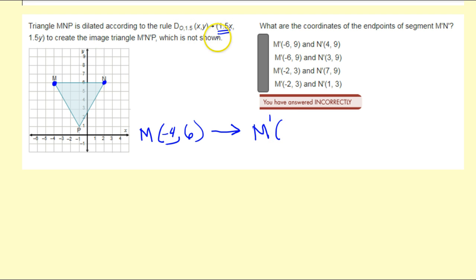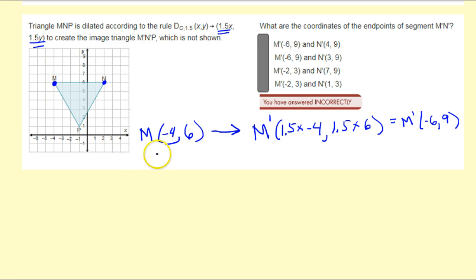I'm going to multiply the x and the y by 1.5. So I'm going to do 1.5 times -4, and I'm going to do 1.5 times 6, and that's going to be my new point. That turns out to be -6, comma 9.